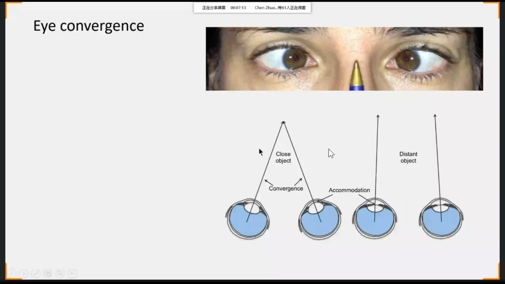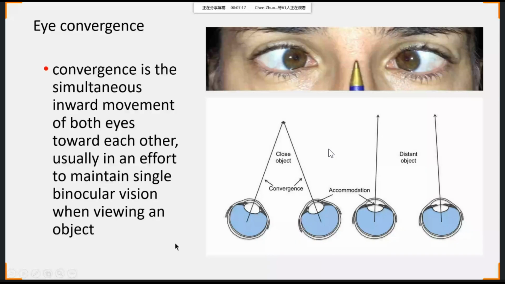Maybe you ask yourself, what's the difference between eye convergence and stereoscopic depth? So convergence is just about the simultaneous inward movement of both eyes toward each other, usually in an effort to maintain single binocular vision when viewing an object.